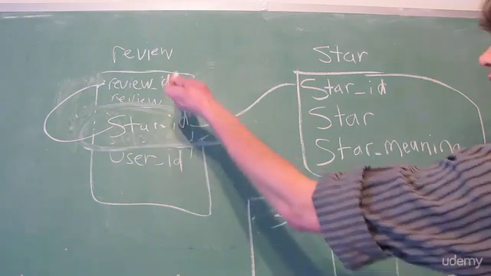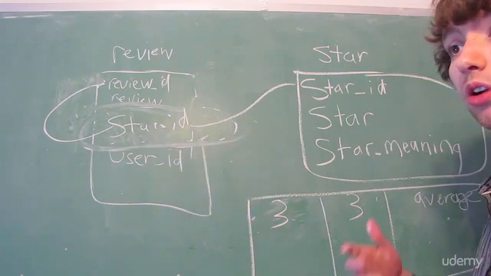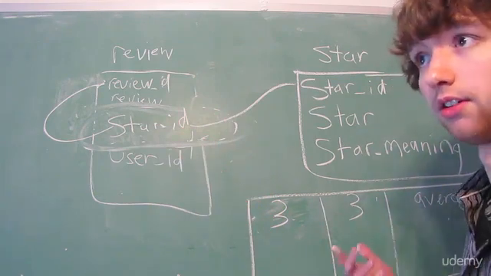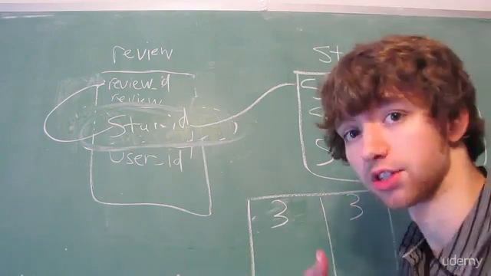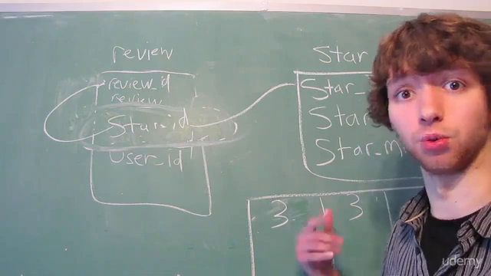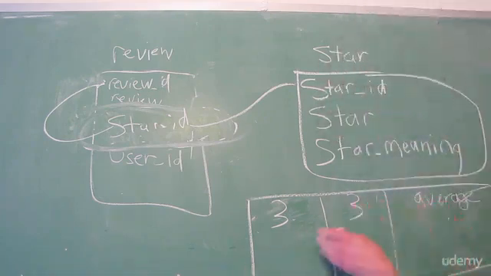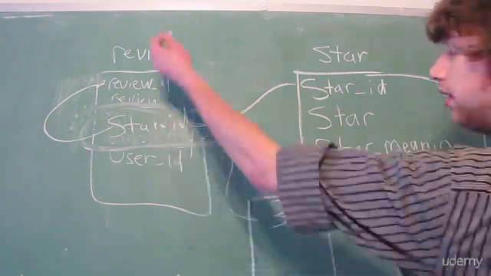So over here, we could have a star ID of 1, 2, 3, 4, 5, or 0 through 9. It doesn't really matter what the ID is, because the ID is just a number used by the database and has no real world value. So we would have 5 rows in here, and then we would reference them in the reviews table.